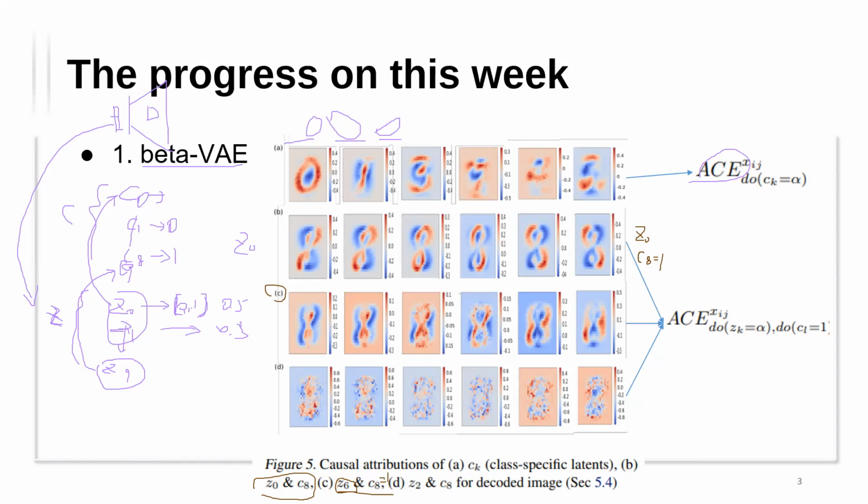That means there must be one C which cannot be controlled by any Z. Oh yeah, that's right. Okay, maybe that's the question.